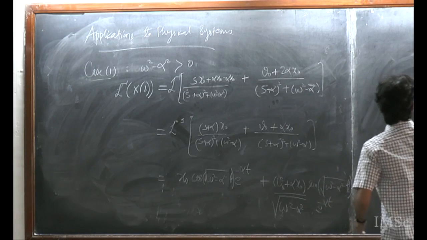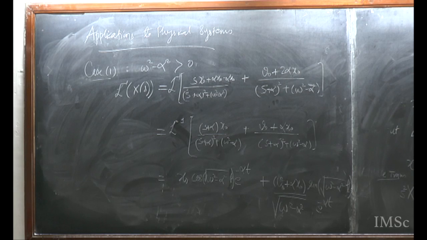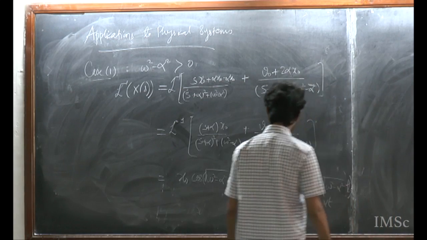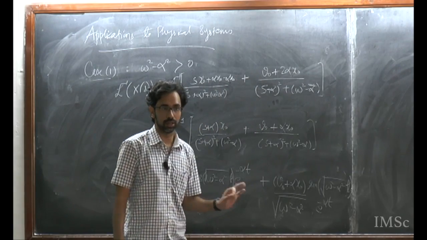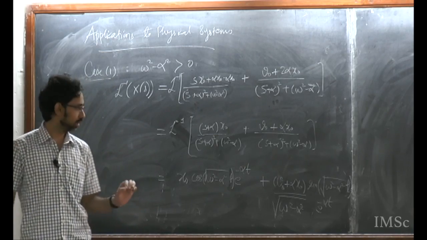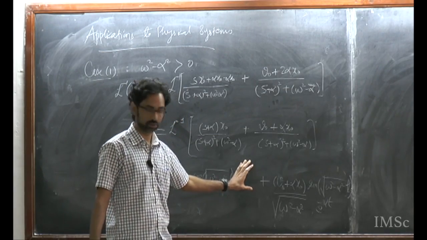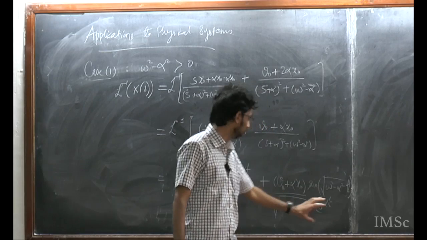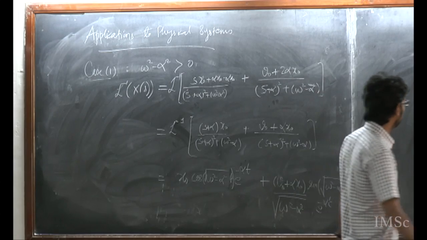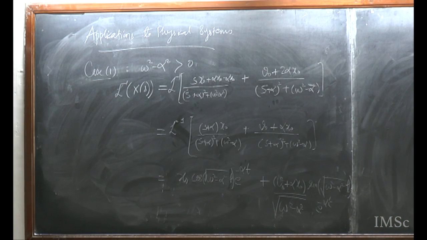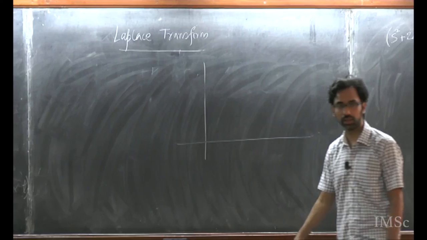So, what is the behavior of this system? Suppose that alpha is 0, which means that the dampening coefficient is 0. Then this is 1, this is also 1. So you have a combination of cos term and sine term. Then what will x of t look like?